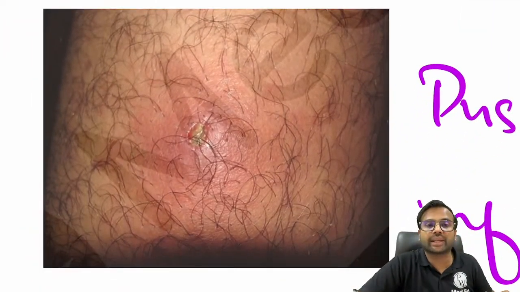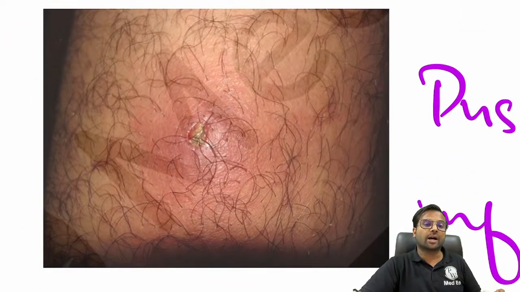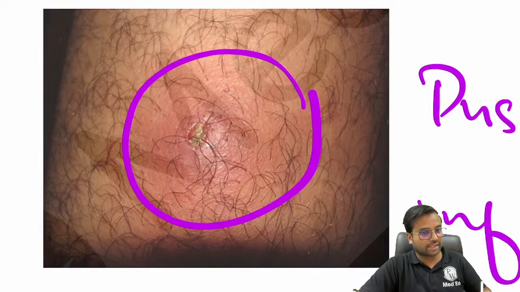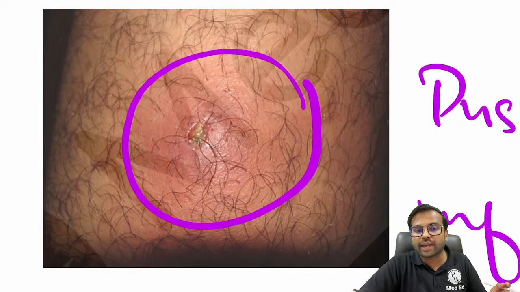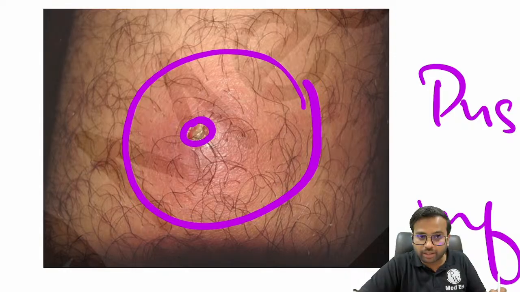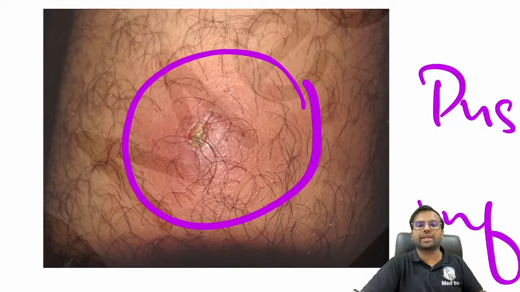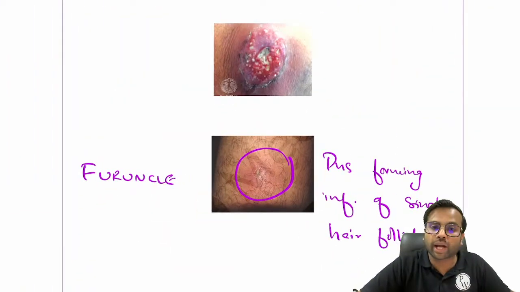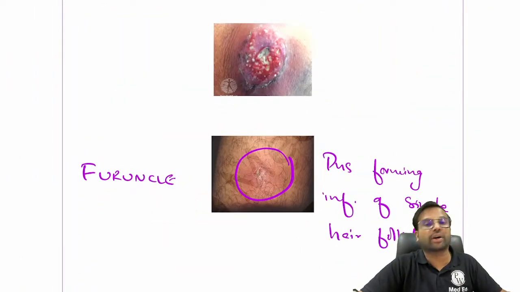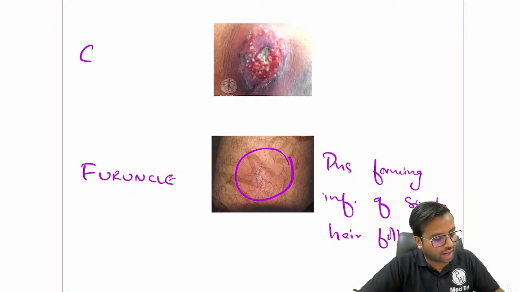So in this image, there is pus underneath the skin, and there is a hair follicle that is infected here. So what you will do here is an incision and drainage and then start the patient on antibiotics. This is called a furuncle. And how does a furuncle differ from a carbuncle?